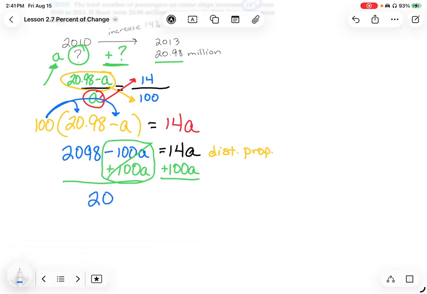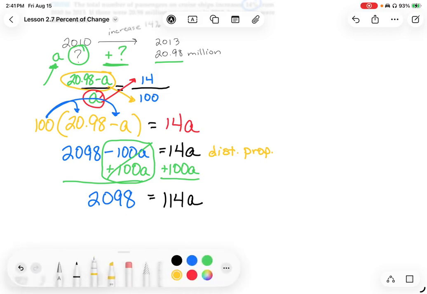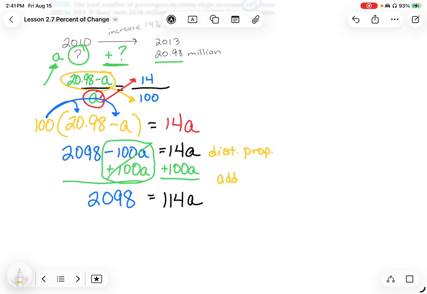So that will leave us with 2098 equals, and then 14A plus 100A is 114A. And we added 100A on both sides, so that means we used the addition property of equality. Great. Make sure we show our work here.